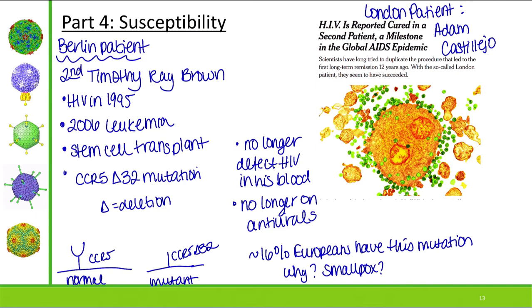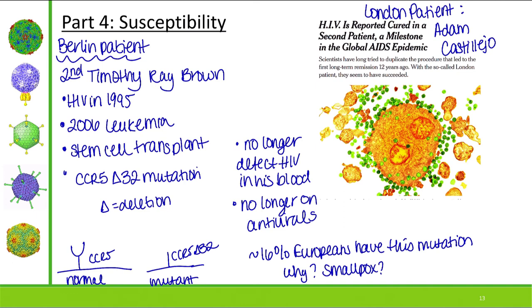So they were also able to find a stem cell donor that also had a CCR5 delta 32 mutation. And it appears that this patient is also now no longer on antivirals, and they can no longer detect HIV in his blood as well.